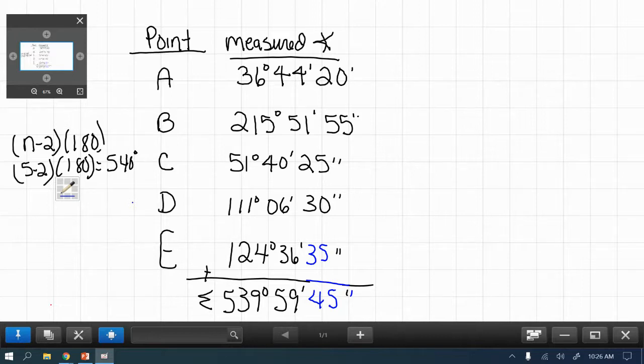So now, if I subtract that, it's going to be 15 seconds off. We have 5 setups, so we need to add 3 seconds. Yes, thank you.